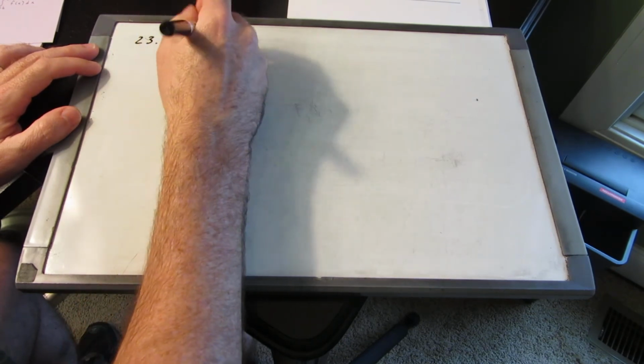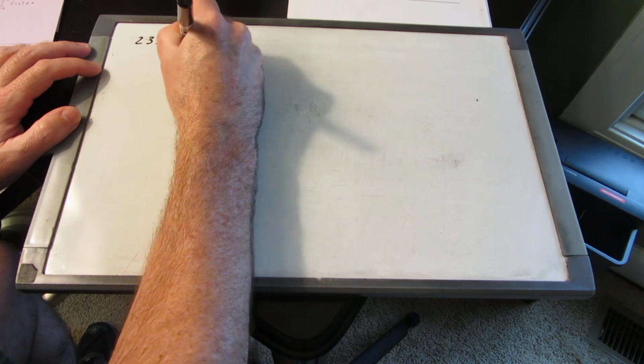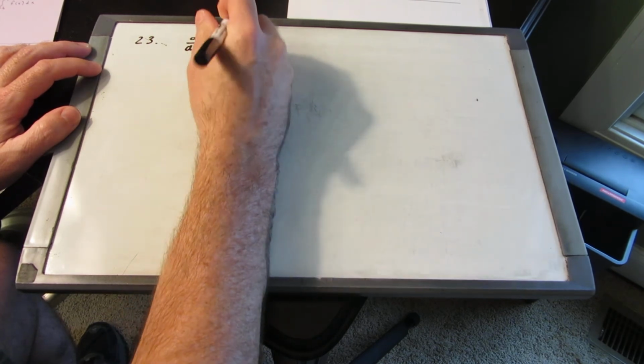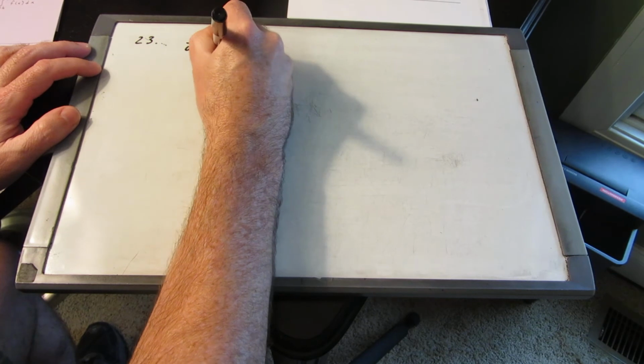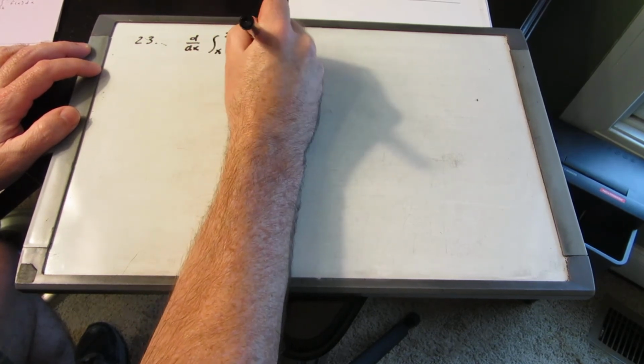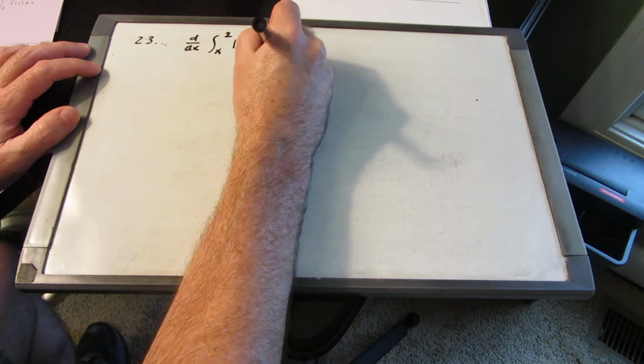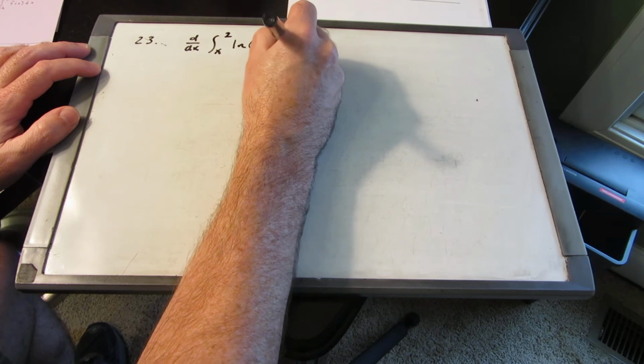Number 23. Okay, so we're taking a derivative, and we've got an integral in here. We've worked a couple of these, going from x to 2 of the natural log of 1 plus t dt.